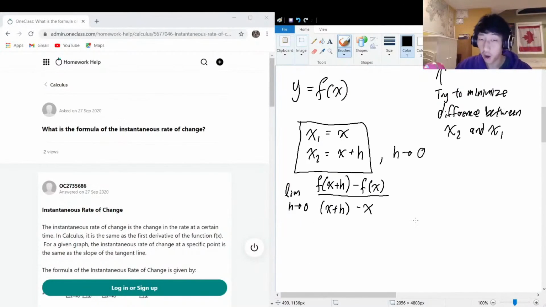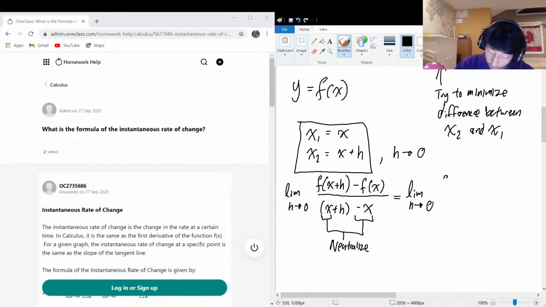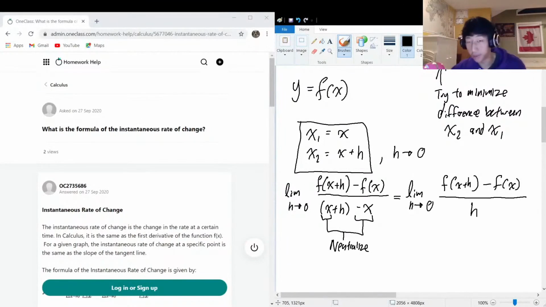If you look closely, on the downstairs of this limit, we have a negative x and a positive x. They neutralize each other, and we get the limit as h approaches 0 of f of x plus h minus f of x, all divided by h, and h is approaching 0. So this is actually the first principles definition of a derivative.